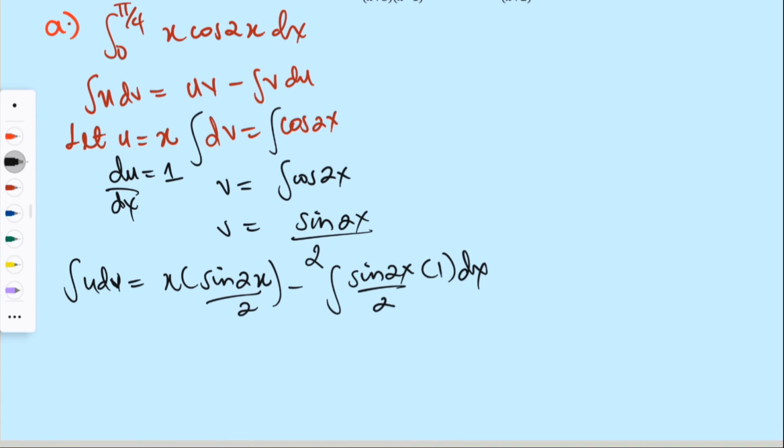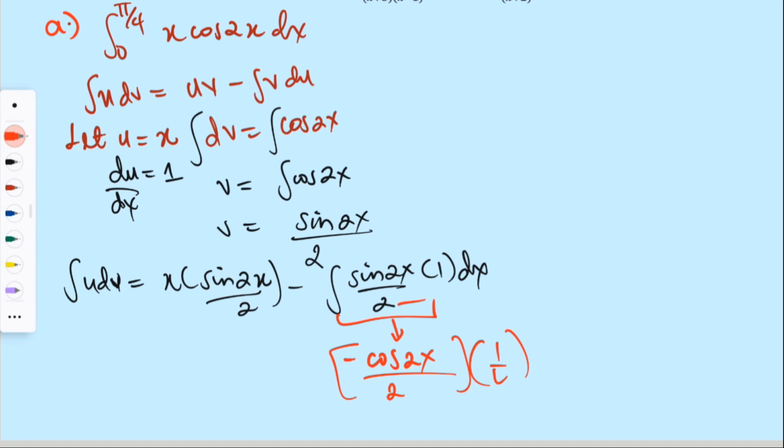Now the integral of sine is negative cos, so if I integrate just this value, I should have negative cos of 2x over 2, times the 2 which is already at the bottom, so times 1 over 2, right?